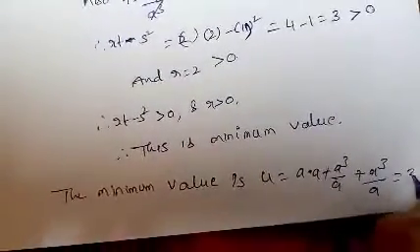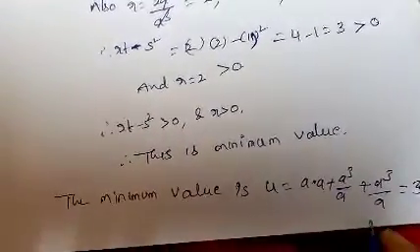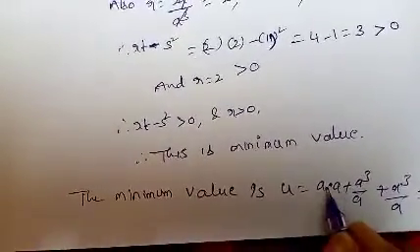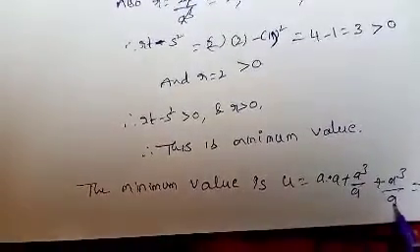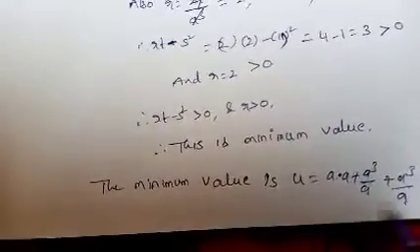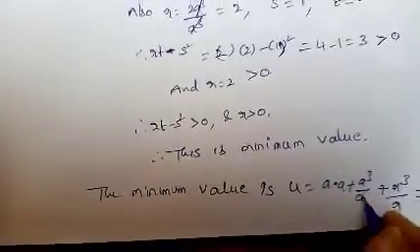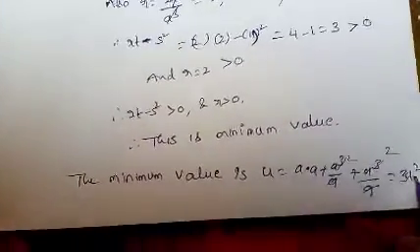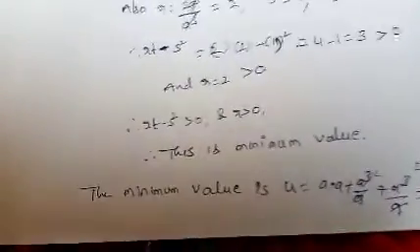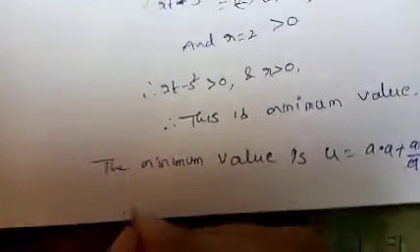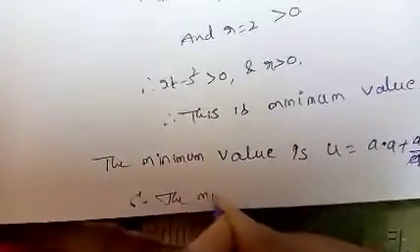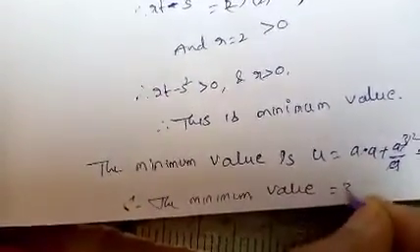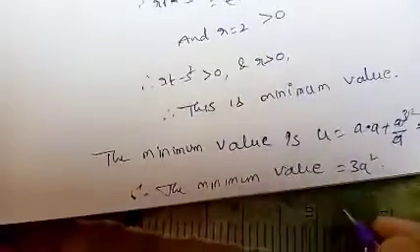So then which implies 3a square. So therefore the minimum value is a square plus a cube by a plus a cube by a. So when applying LCM, then the value is a square plus a square plus a square, which implies 3a square. Therefore the minimum value equal to 3a square. Hence the solution.